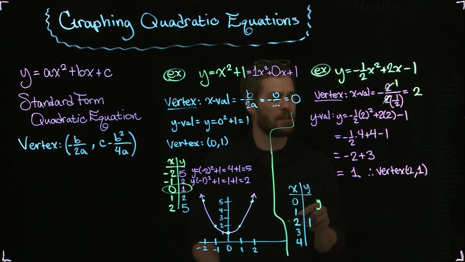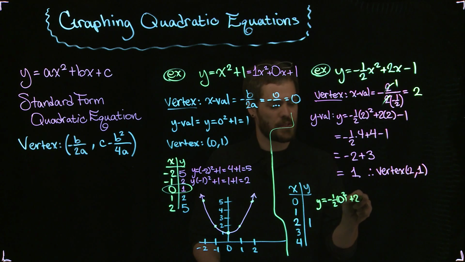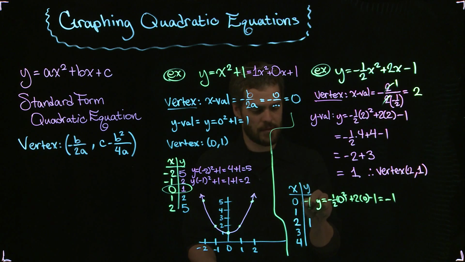0, that's always a nice one. Okay, negative 1/2 times 0 squared, guess I could put parentheses around that, plus 2 times 0 minus 1 is clearly negative 1, so I'll stick that on there. Plug in the value of 1.